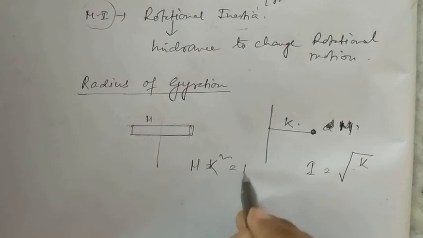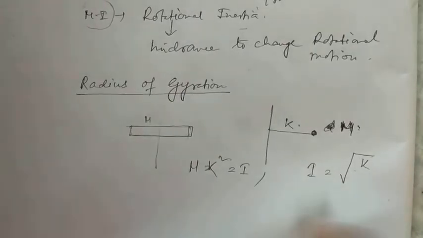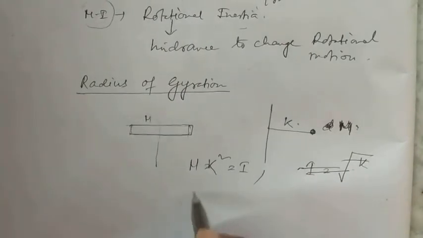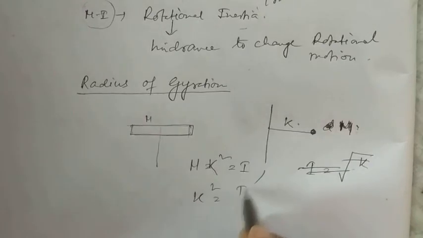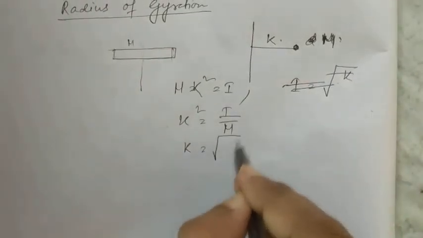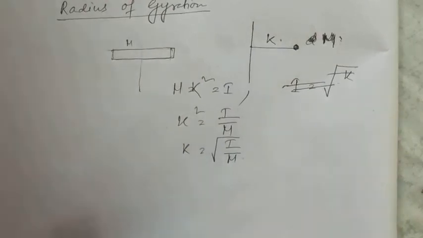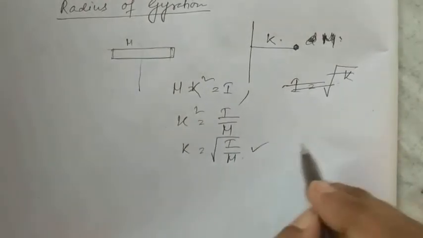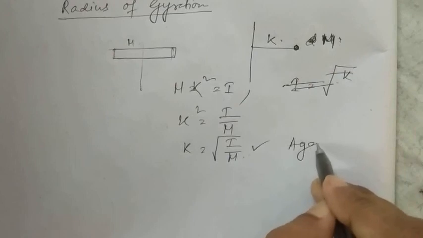From this we get k square is equal to I by m, and k is equal to square root of I by m. I will be discussing this again later.